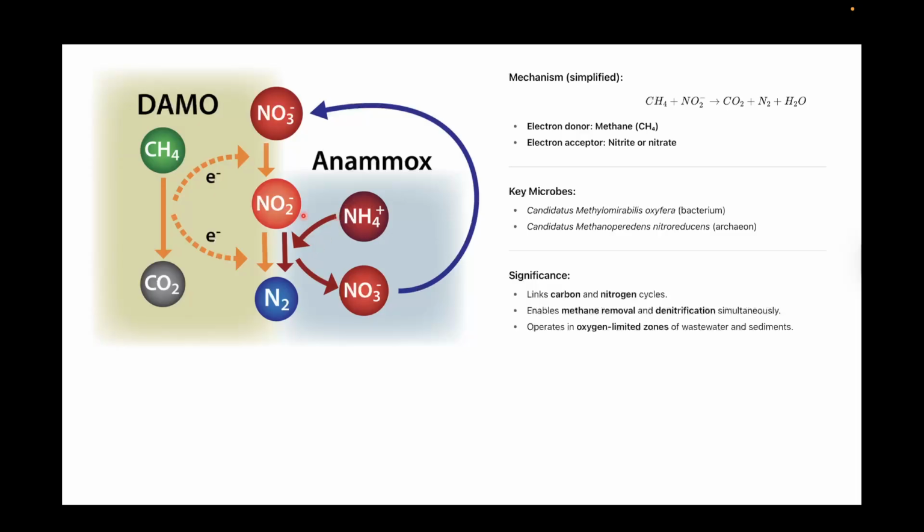Ammonia is oxidized to nitrite and nitrate, which is consumed by the N-Damo bacteria, thus putting more pressure on this reaction to generate more of these. So more ammonia is removed from the wastewater, while methane is also removed. Denitrification is done simultaneously, and it can operate in low oxygen zones in wastewater and sediments.